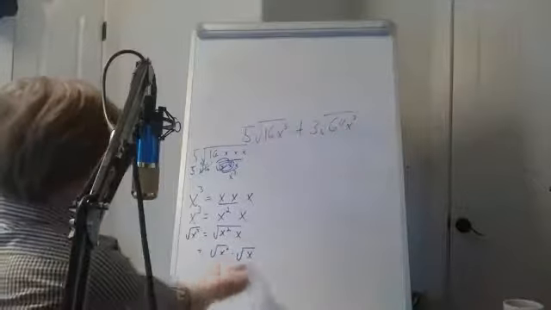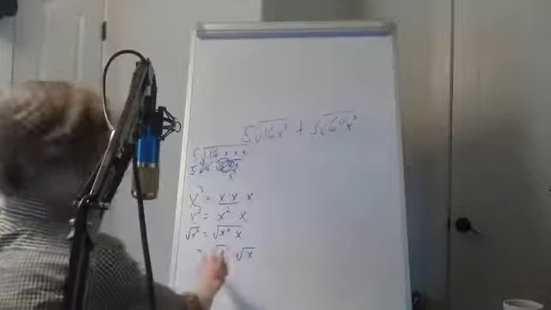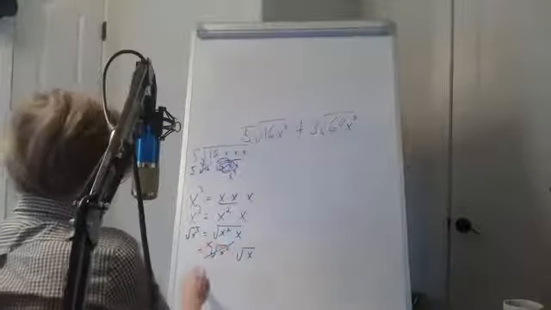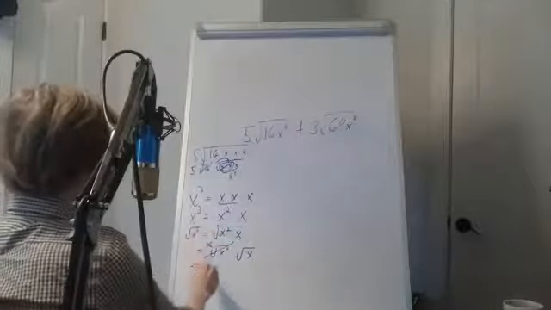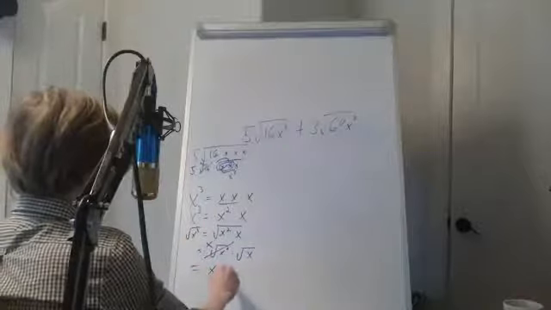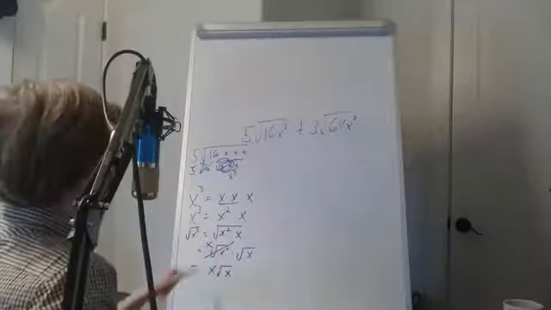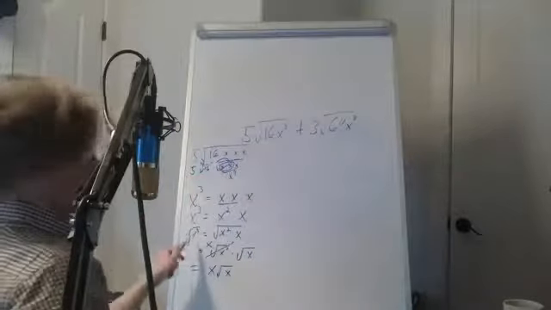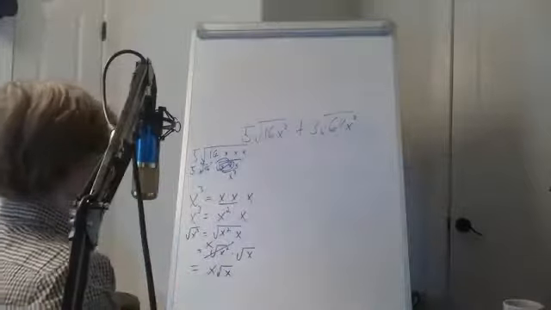X squared is a perfect square, and its square root is x. So when you take the square root of x cubed, you get x times the square root of x. That is why that works.